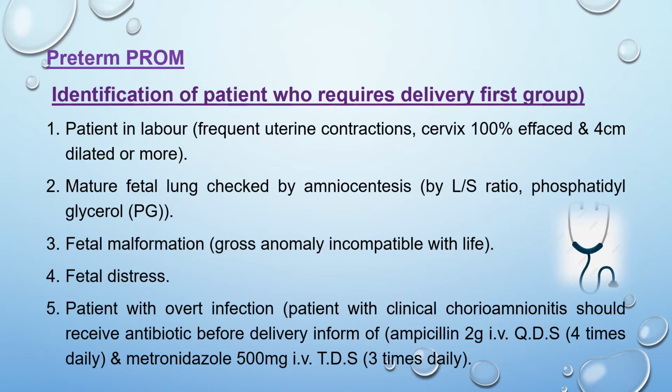Patient with overt infection. Patient with a clinical chorioamnionitis should receive antibiotic before delivery in the form of what? Ampicillin 2 gram intravenously 4 times daily, metronidazole 500 milligram 3 times daily. Patient with subclinical amnionitis chorioamnionitis يعني amniocentesis سويته وطلع لي الكلتشر بوزيتيف.